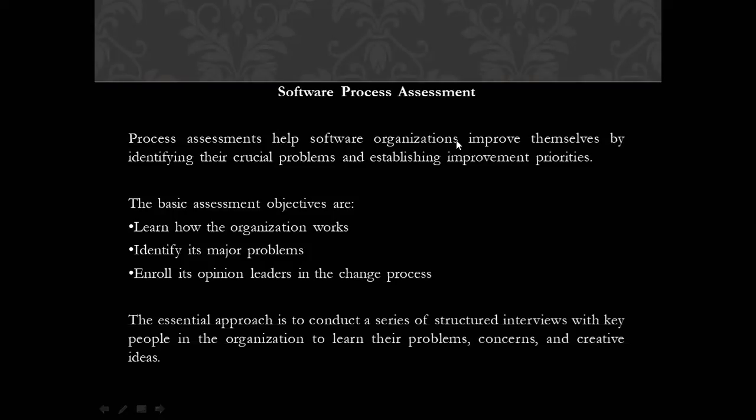This complete process takes some time. The on-site assessment period takes several days to two or more weeks, and it concludes with a preliminary report to local management.